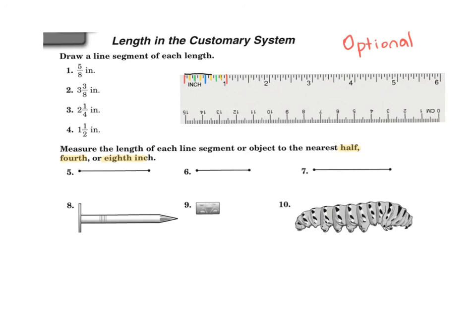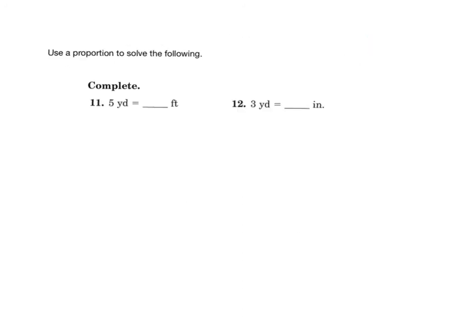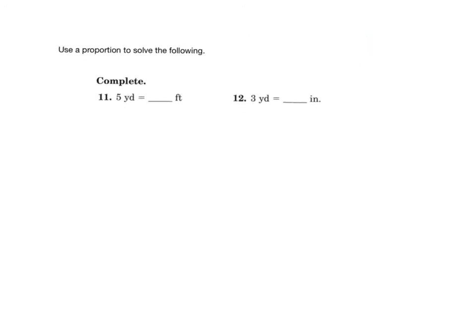What I really want you focusing on is this second page here. This is where I want you showing me your work when you're completing this. So remember, you need to set up your proportions as you're working. If you forget any of your measurement conversions, go back to your notes in Notability to work on it, right?